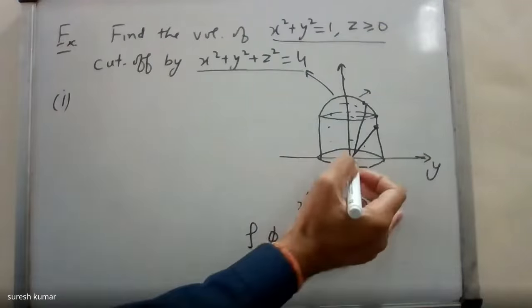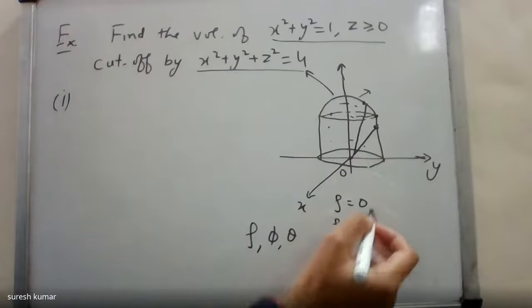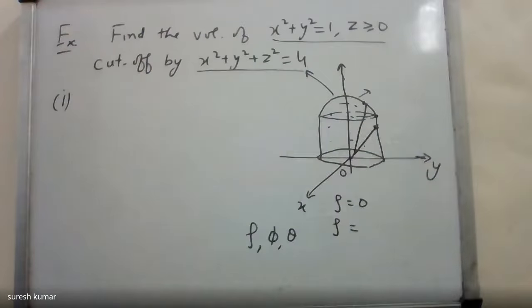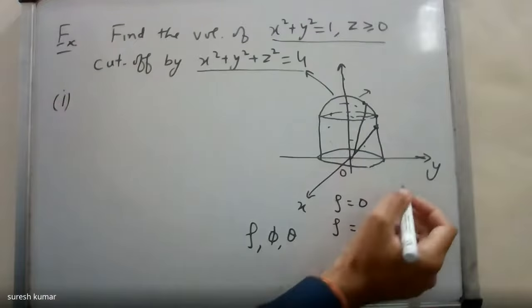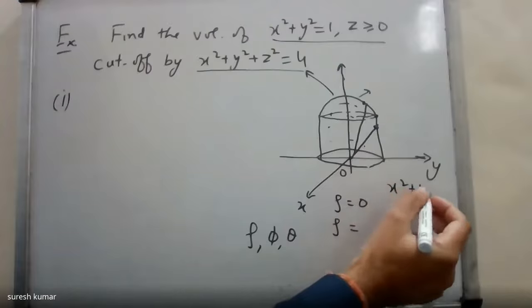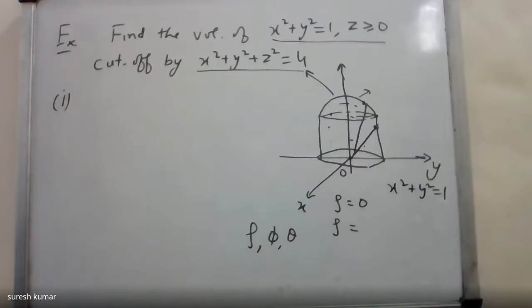So here rho equal to 0 certainly. What is rho when the line goes out of the cylindrical surface? What is the cylindrical surface? See it carefully. Because once you decide the limits, after that you have to do calculation for a triple integral. So it's simple.